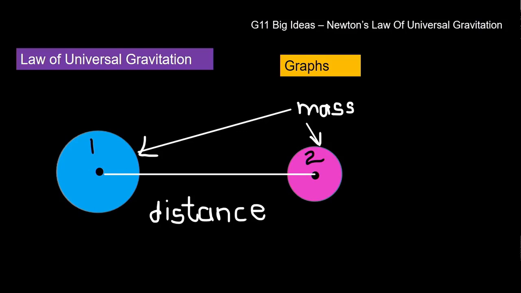So what I need to say to you is this. It is a universal law, and the reason why it's a universal law is because it's not just telling us about the force of gravity on us and our Earth. It's actually between two bodies anywhere.